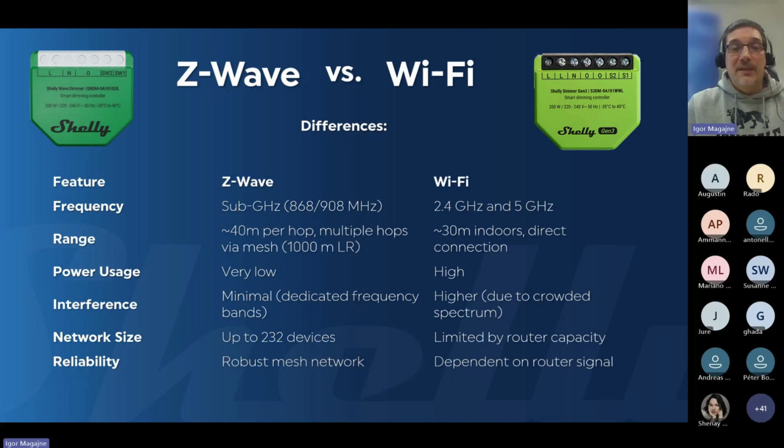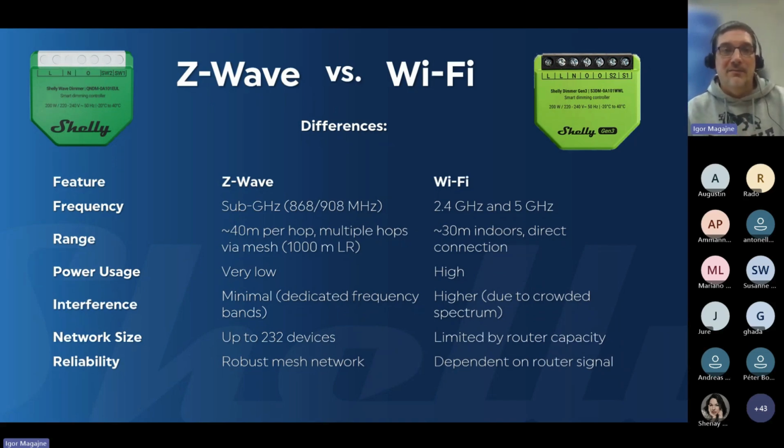In interference, of course, Z-Wave has less than Wi-Fi because it works on a completely different frequency, so less crowded space, less crowded network. Network size here is 232, like we say for the mesh, but up to 4,000 for the long-range devices. Wi-Fi basically is limited by the router capacity or the IP addresses, so it can be bigger.